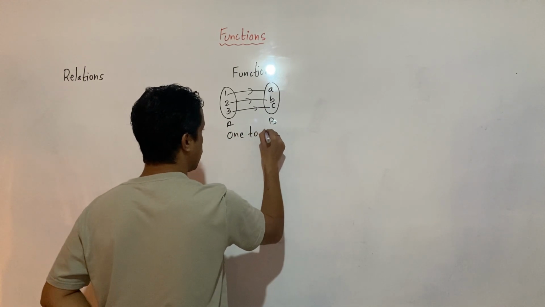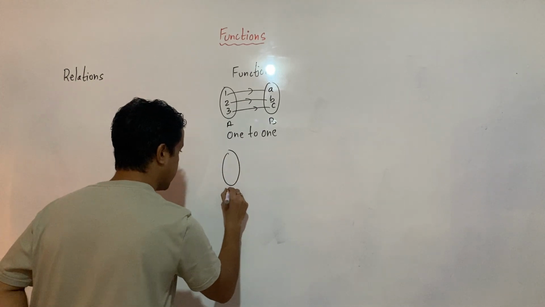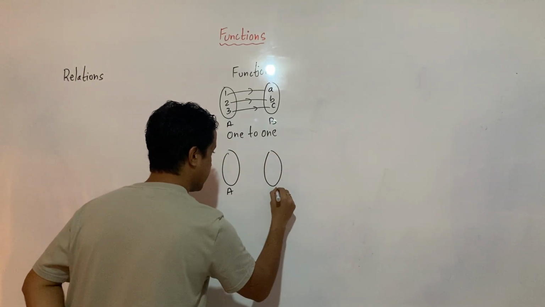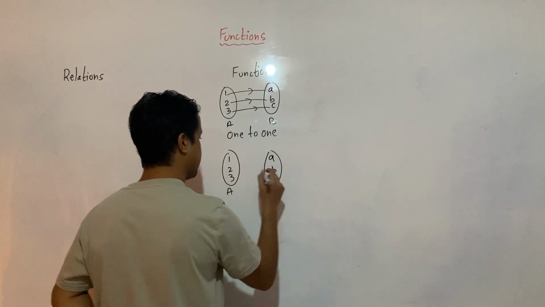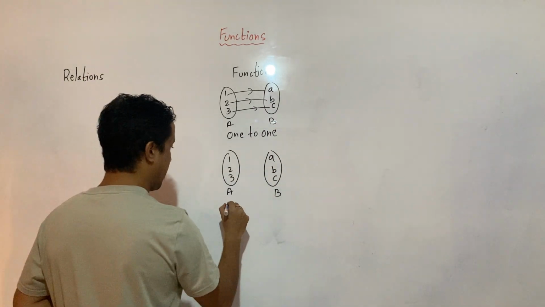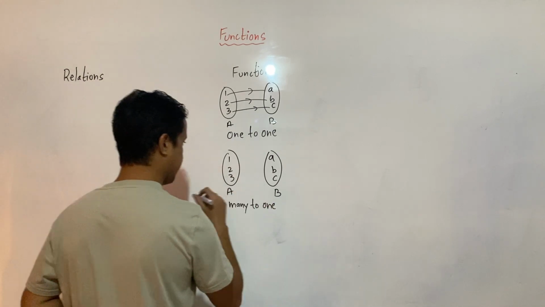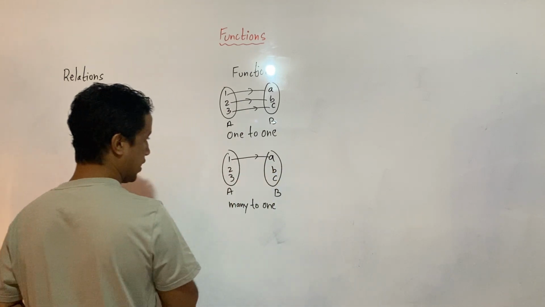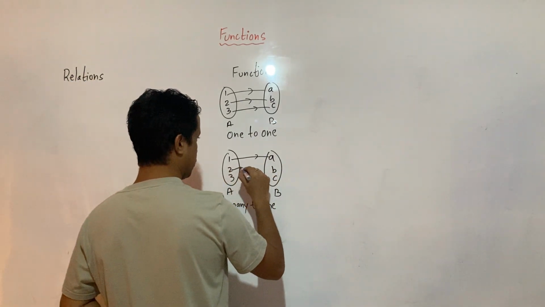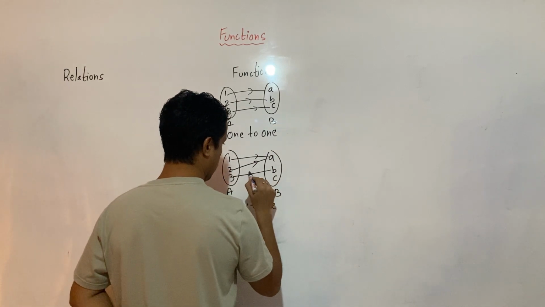One to one. In the other case it could be many to one, with several elements mapping to a single element. Many to one.